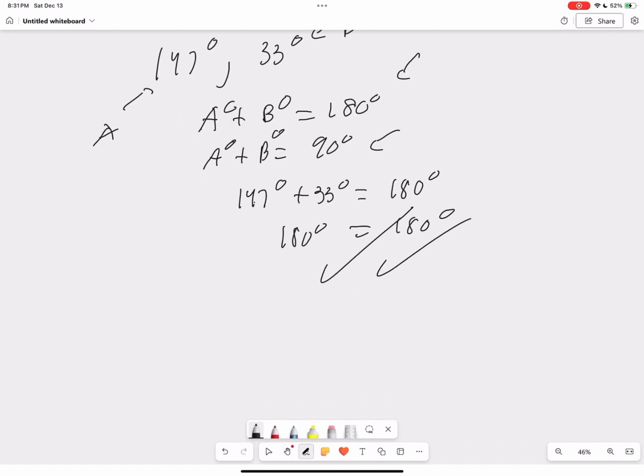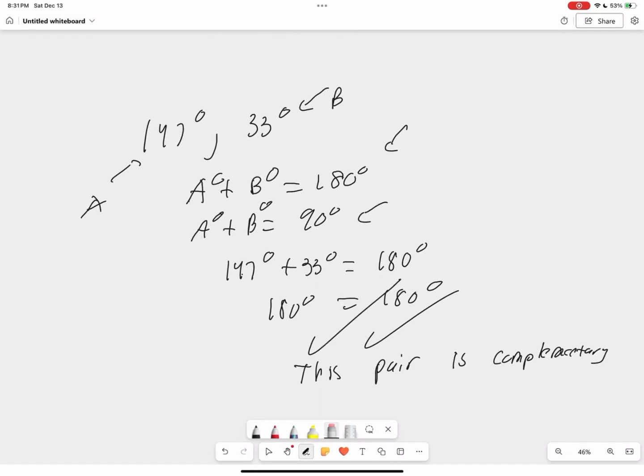So this pair is supplementary. I mixed up the wording there. See, make sure you don't mix up the wording.